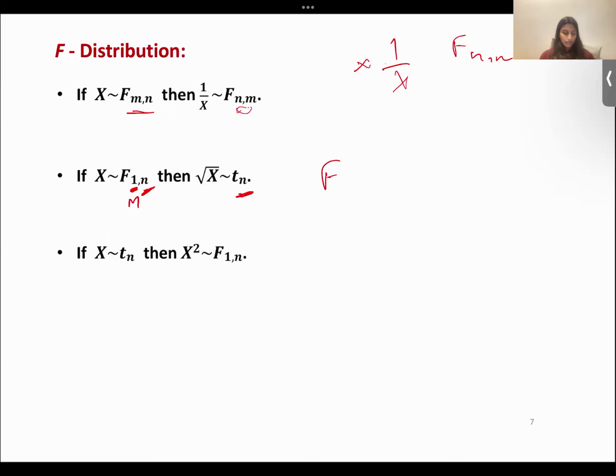Similarly, it could also hold for M comma 1, so the square root of X would follow a T distribution with M degrees of freedom.